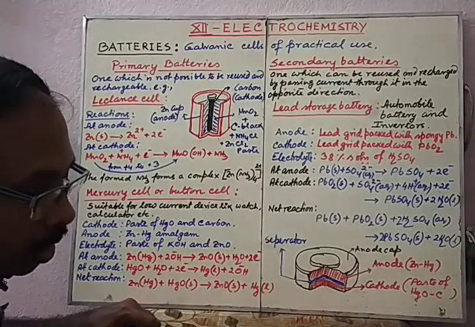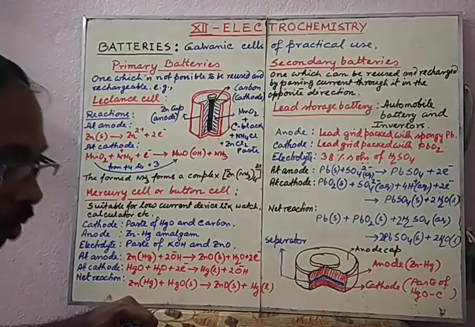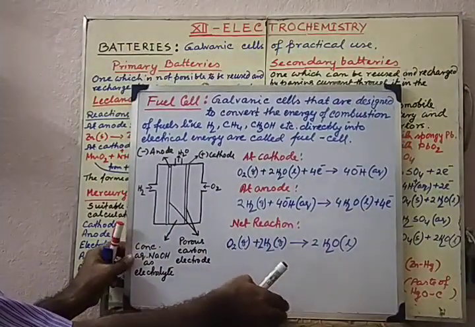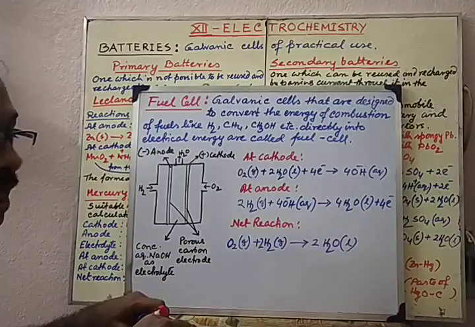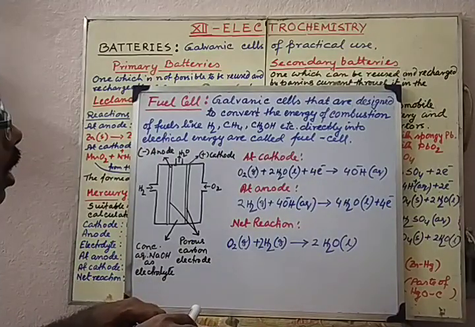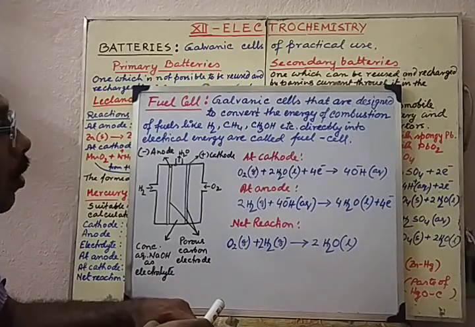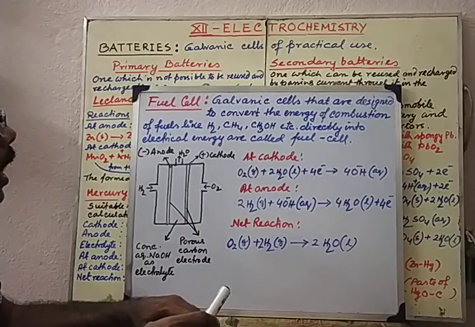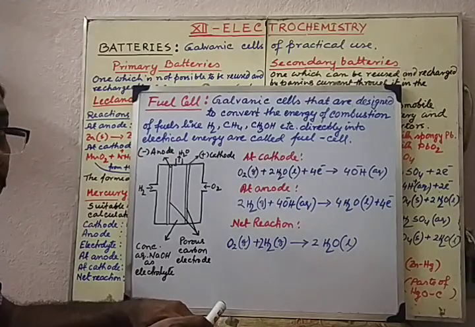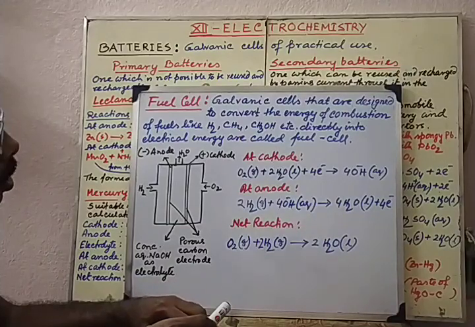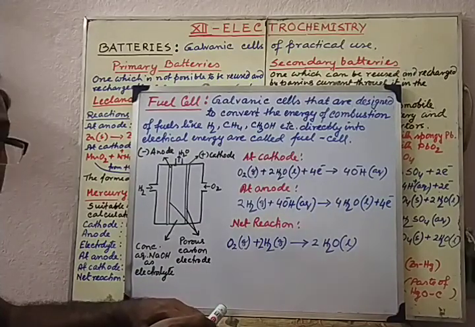Next, let us find another kind of very useful battery which is called a fuel cell. Fuel cell is environment friendly. So nowadays it is a big challenge for scientists to prepare different kinds of fuel cells. They are trying to build different kinds of fuel cells.